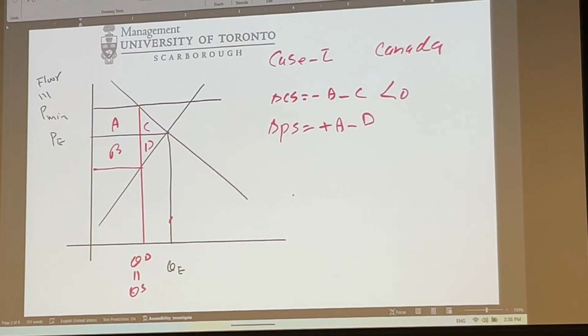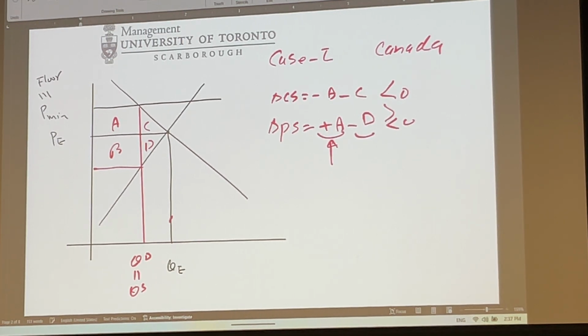D, because they sell less. Alright? So this can go either way. You have those who are selling, but some producers can't produce anymore, right? They're out. So you can see the price floor is an attempt to help the farmers who produce. That is the only group that gains. The existing farmers that produce will charge a high price, they can. But society will lose. The deadweight loss is C and D.